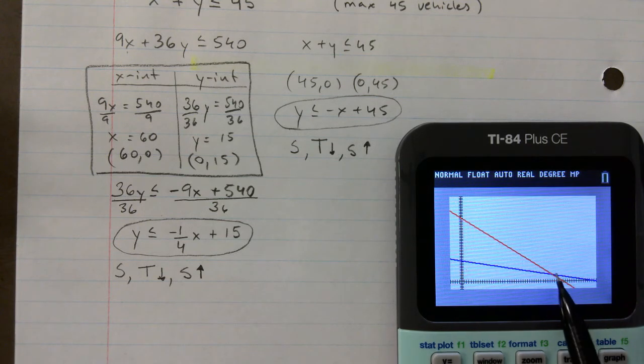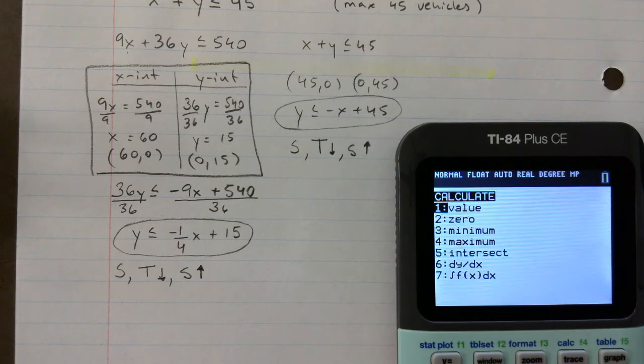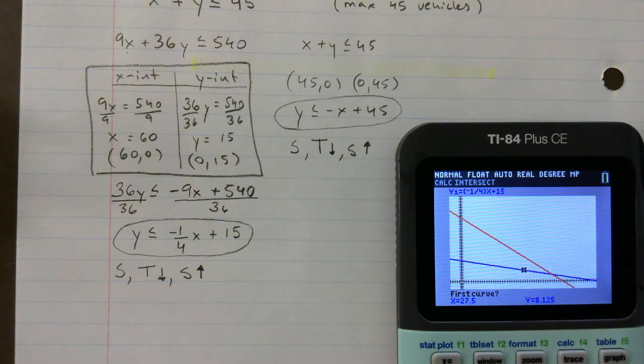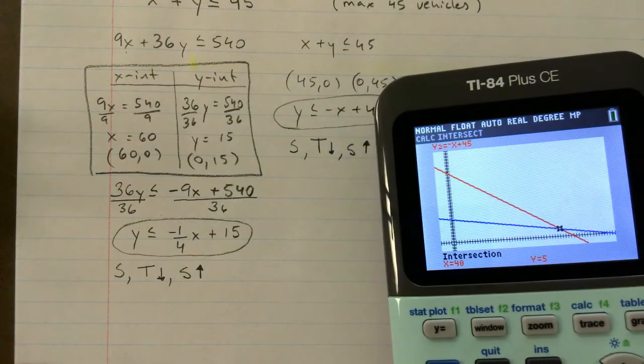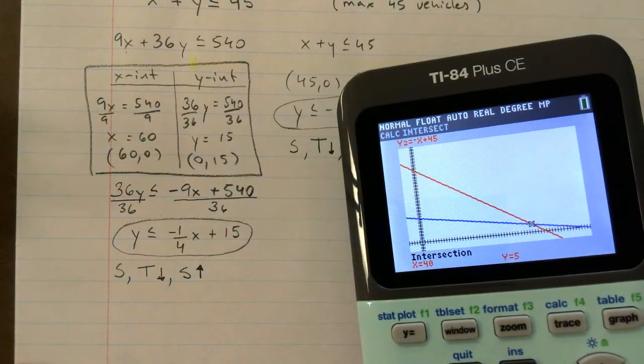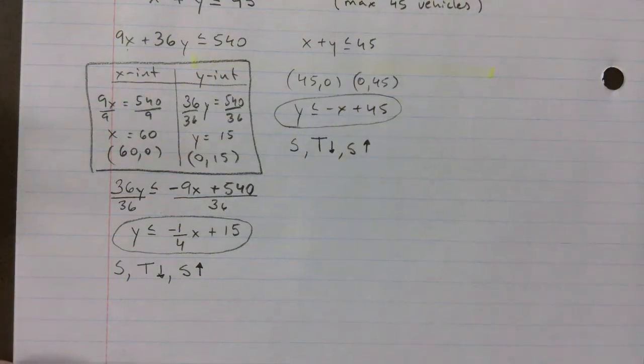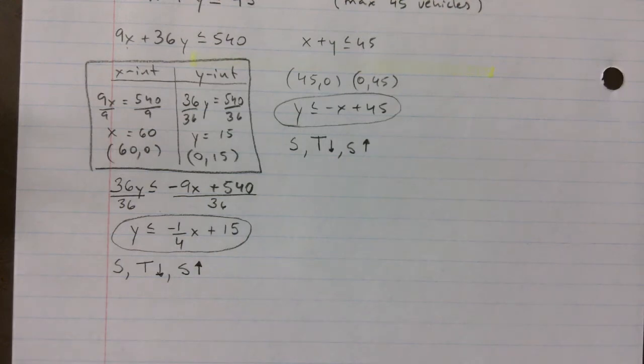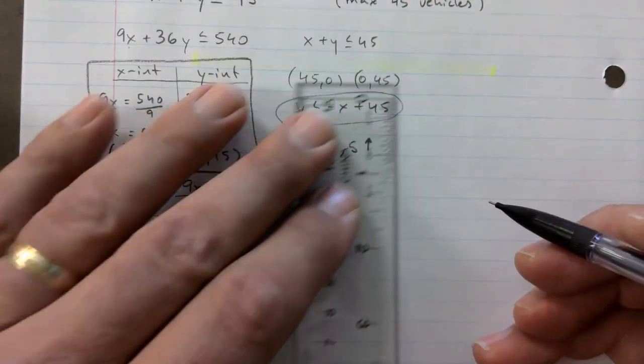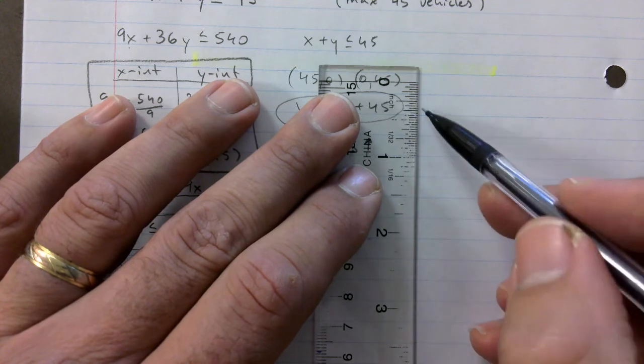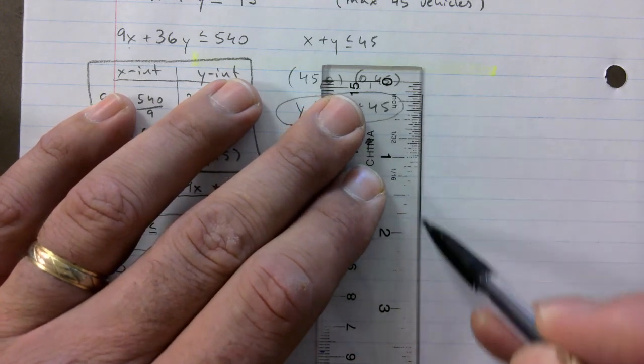Okay, so I need to find that intersection: second trace 5, enter, enter, enter. So it's 45, right? So we got that. That should be pretty good. I'm just going to keep that in mind. So grab your rulers. I'm going to try to make this graph fit right here.